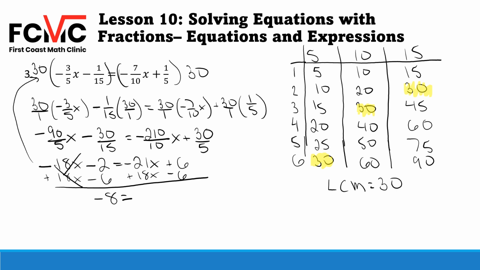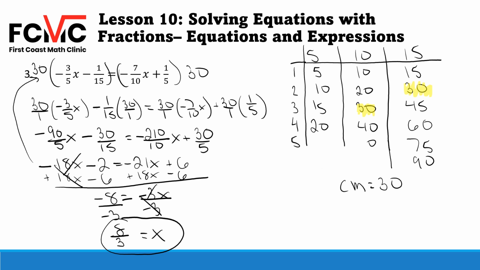Negative 21x plus 18x is going to give me negative 3x. And the last step, let's divide by negative 3 on both sides. Negative 3 divided by negative 3 is 1. So we're going to get x equals 8 over 3 as our answer.